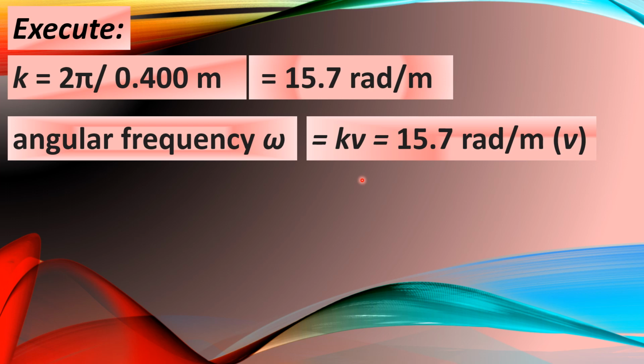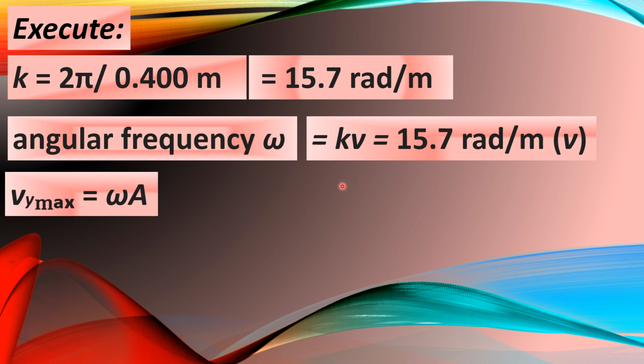Now, when a particle is at the equilibrium position, its v sub y is said to be maximum, and the formula for v sub y max in terms of omega and A is this: v sub y max is simply equal to the product of the angular frequency omega and the wave's amplitude.